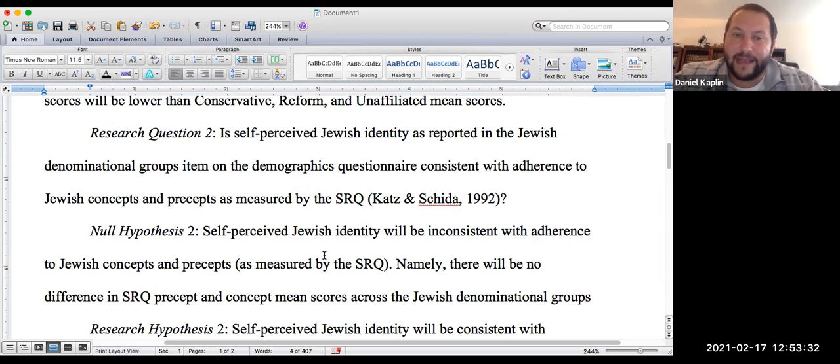I had to ask this question because it is possible that a person could say, yeah, I'm Orthodox, but not keep to Orthodox standards in belief and practice. So one's self-perception might be inconsistent with their actions. So the second research question was designed to tap into any kind of noise in the data or inconsistency.